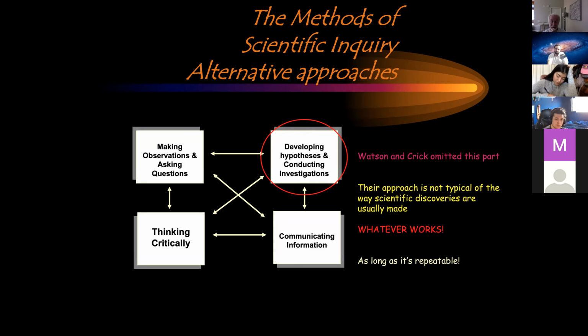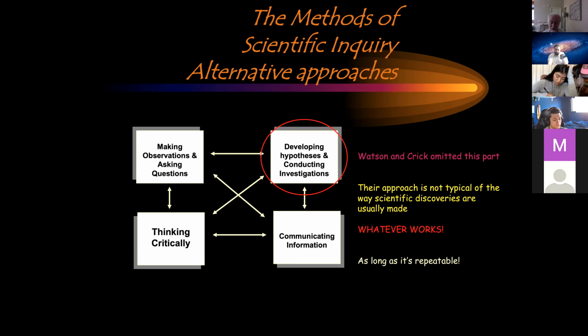They looked at one picture from Rosalind Franklin, and they made cardboard cutouts and flipped them around on a tabletop. They didn't actually do experiments. And yet they were able to deduce the structure of DNA. And the point is that this approach is not typical of the way scientific discoveries are usually made. It worked for them, and it had a terrific impact on science and on biology.